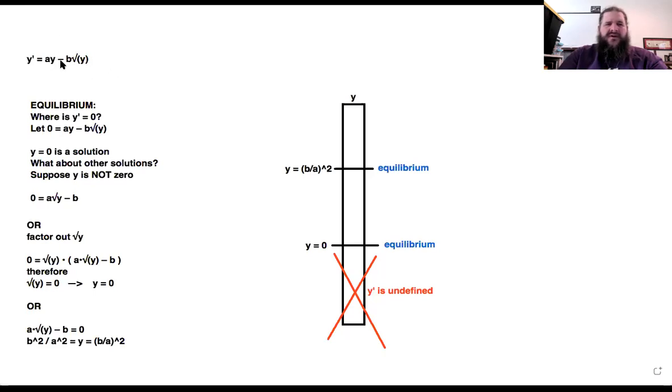There's going to be some critical point where the values of a and b don't really matter because y is big enough to overwhelm that. And it turns out that critical point is exactly b over a squared. So anything above that, ay is going to be so much larger than b square root of y that the result is positive.